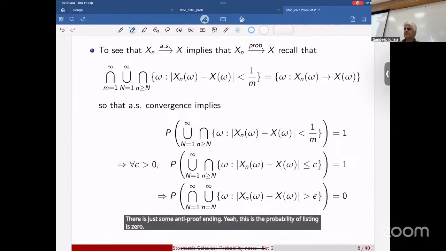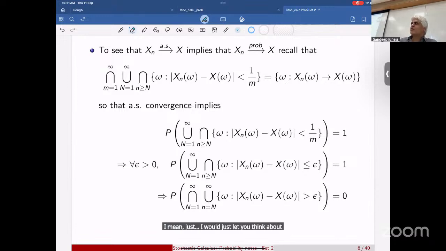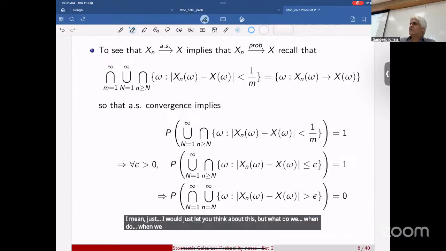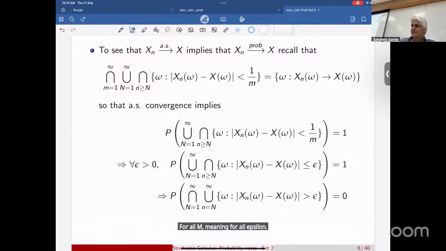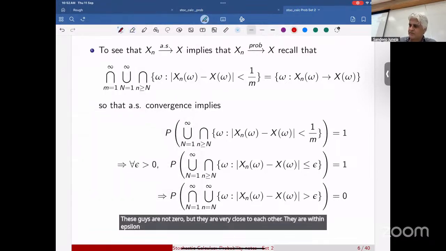I would just let you think about this, but when we define a limit, we say for all m, meaning for all epsilon, there exists some big N, so that for all small n bigger than that big N, these guys are not 0, but they are very close to each other. They are within epsilon, within 1 by m of each other.